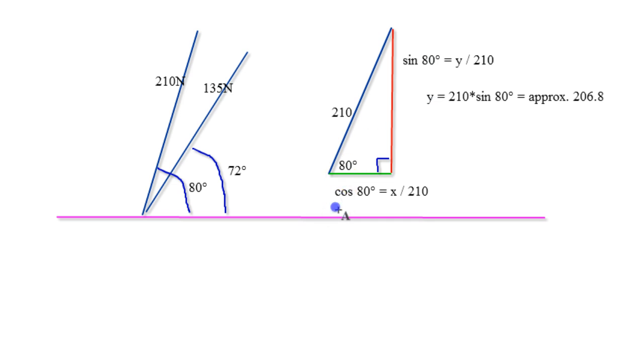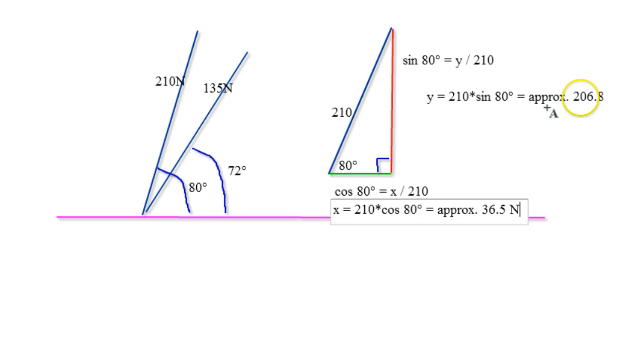Now the horizontal component is going to be x equals 210 times cosine of 80 degrees. So if we go back, there we go, this should be approximately 36.5 newtons.